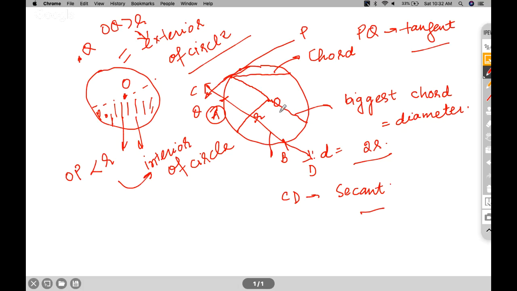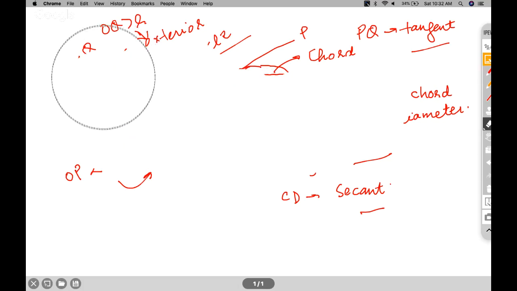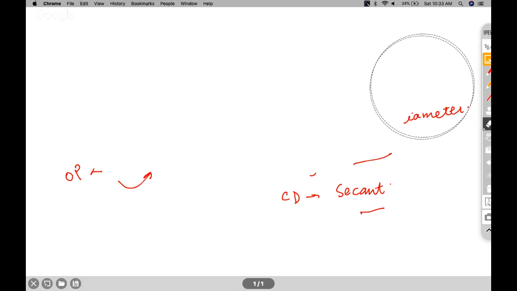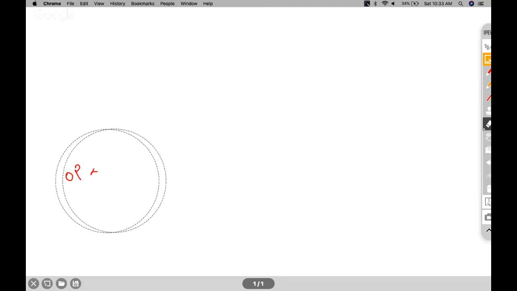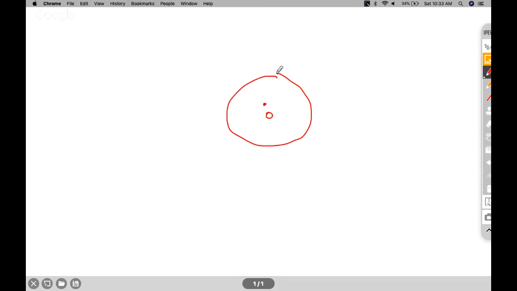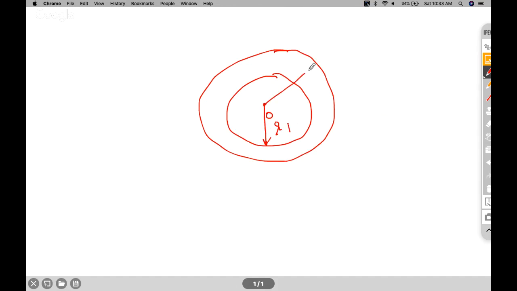Now, what are concentric circles? Concentric circles are those circles which have the same center and different radii. So try to understand it here. This is my center, and I have different radii. So this is R1 and this is R2. Suppose this is circle C1 and this is C2.